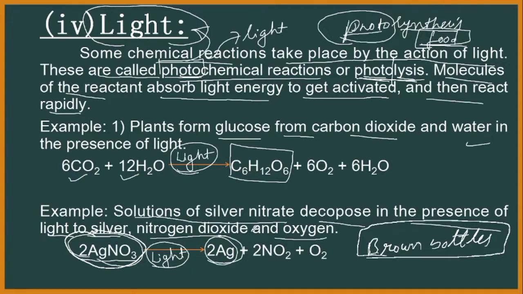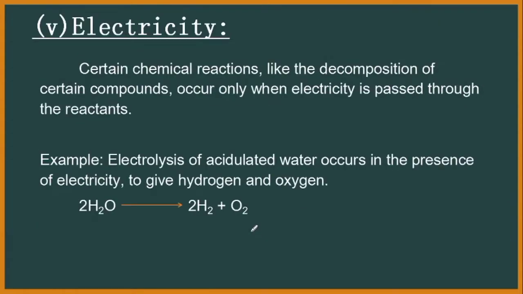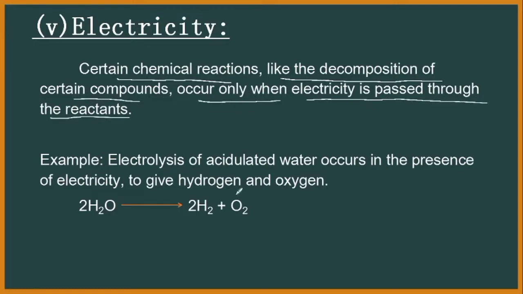Then what is the next condition? The next condition is electricity. We know electricity means the flow of charges. You have studied it in your physics classes. Certain chemical reactions, like the decomposition of certain compounds, occur only when electricity is passed through the reactants.